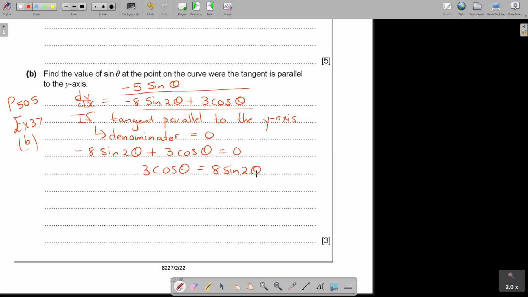So basically, that's the double angle. But let's first divide by 8. So I have 3 over 8 cos theta equals sin 2 theta.